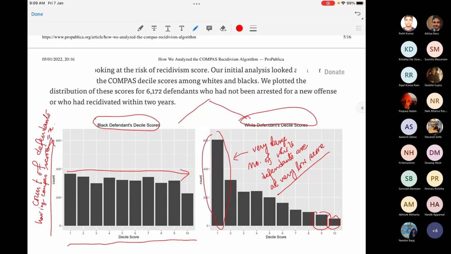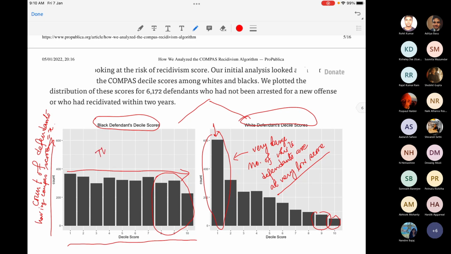And not only that, defendants who are at high risk are sizable in number. So this is what is coming out from the two distributions. White defendants typically seem to have very low scores, and there are only a handful of them who have very high scores, meaning who are at very high risk. Whereas for the black defendants, this is not the case.